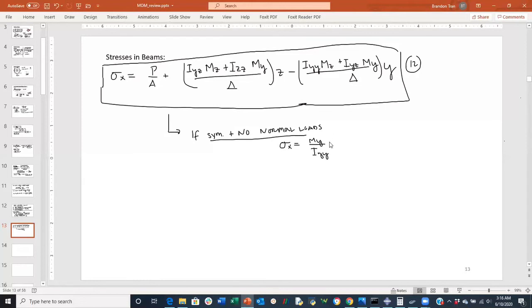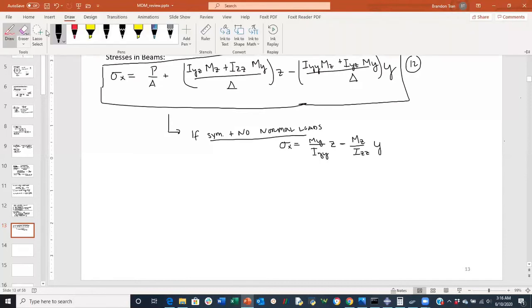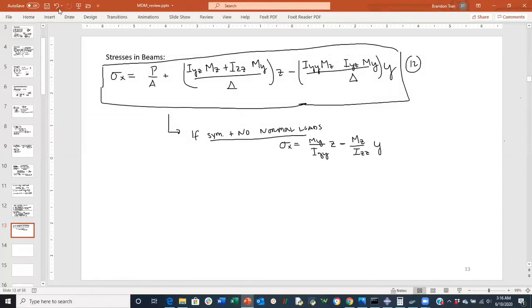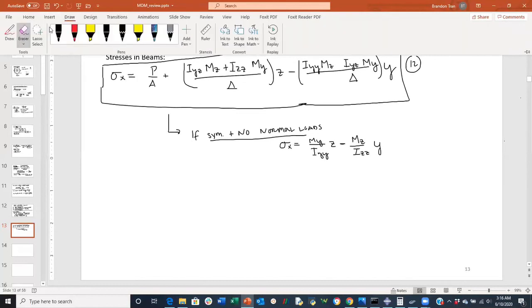Yes, times Z minus MZ I Z Z Y. So it looks familiar, stems from this huge equation right here. So essentially, the only thing you need to remember is this one singular equation, and you can solve for all the normal stresses in the beam.